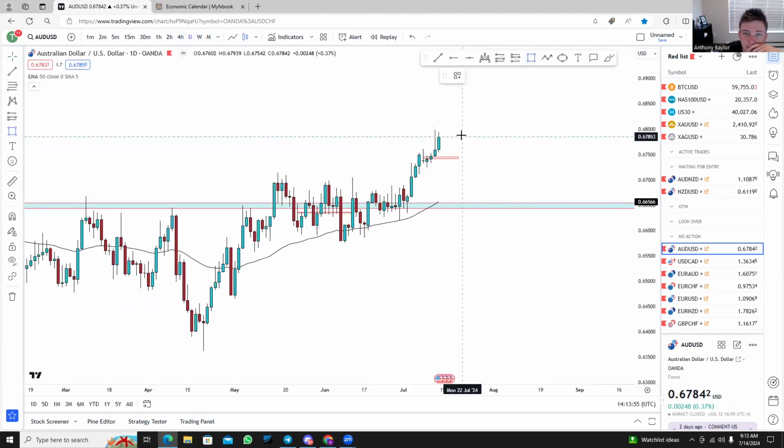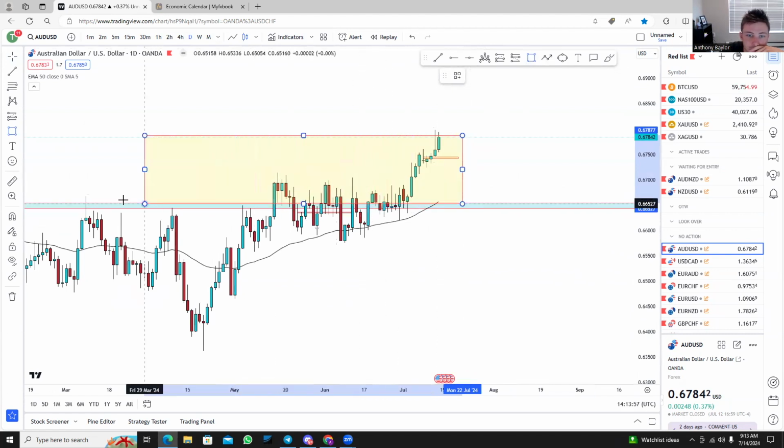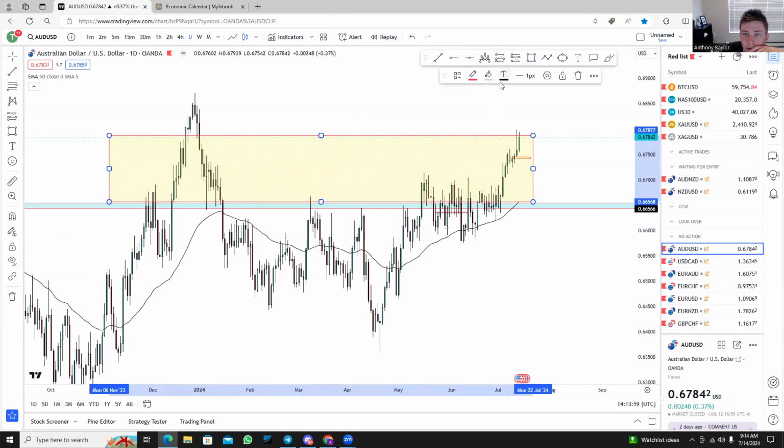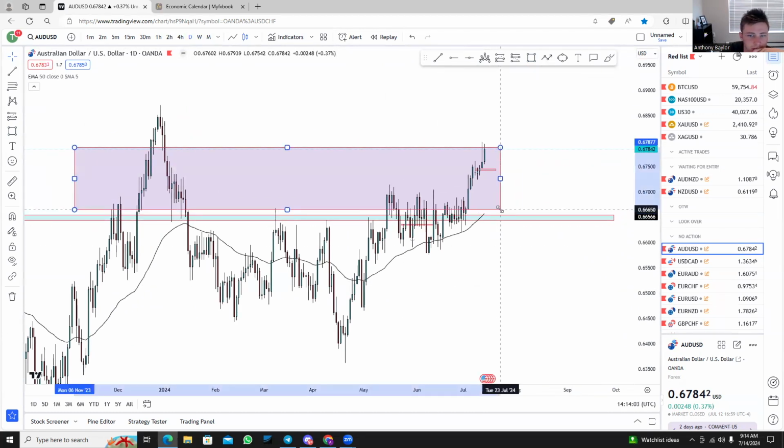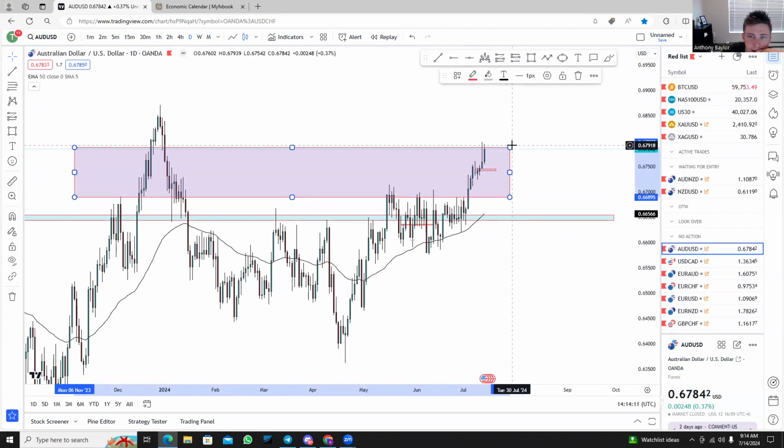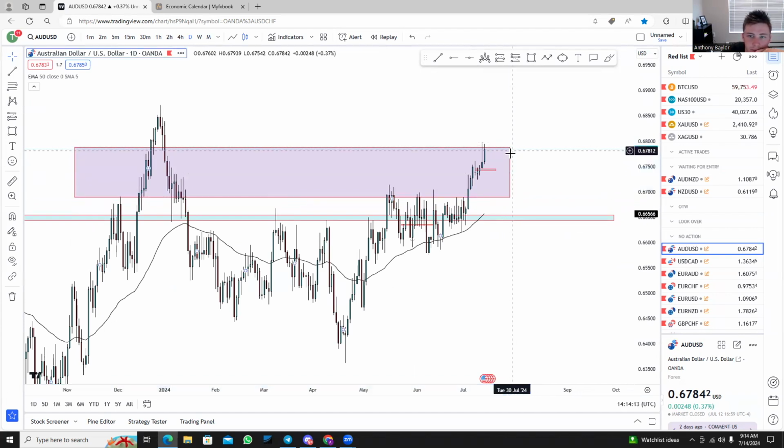Let's get a new daily box in here. Boom. Change the color on it here. You know, it's kind of tough on here. No, I don't think it's gonna come that low.